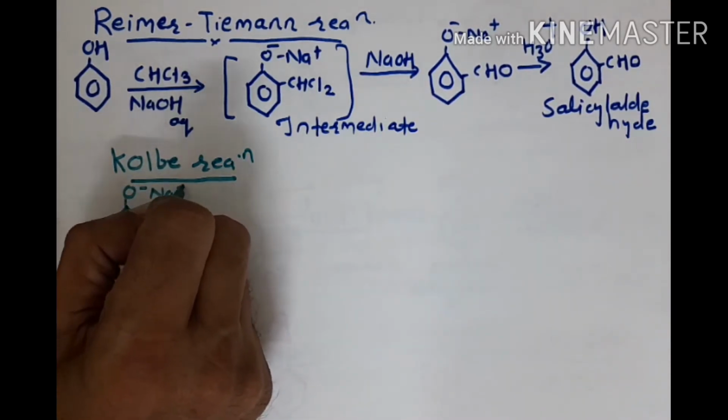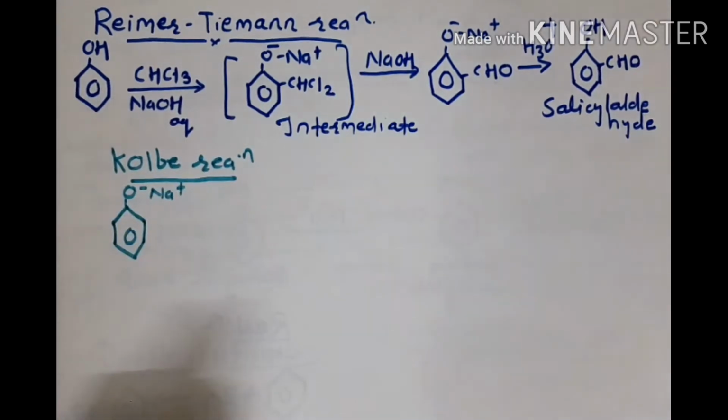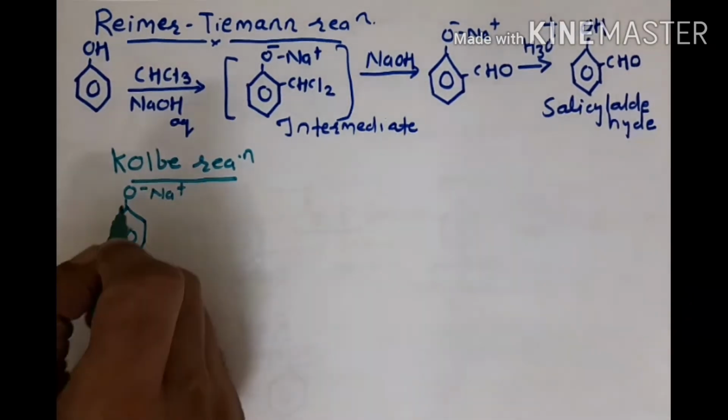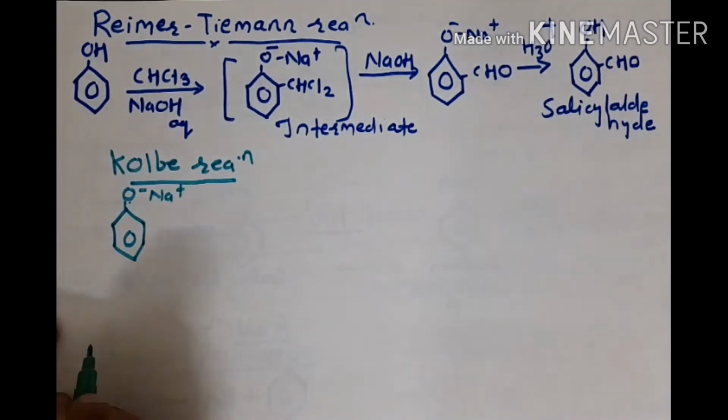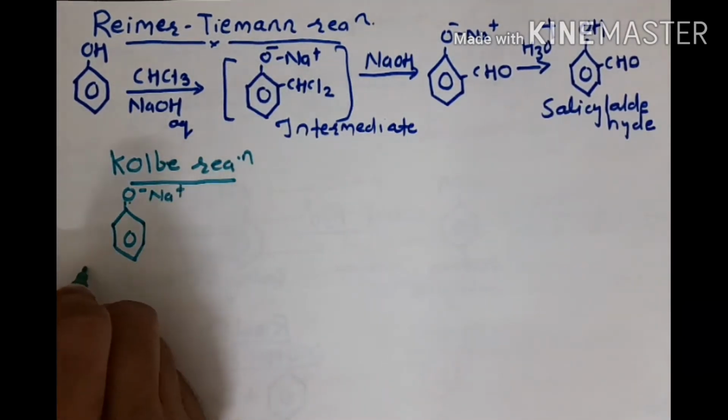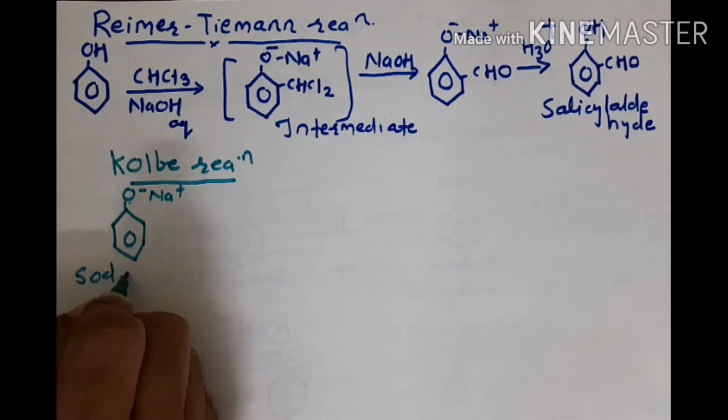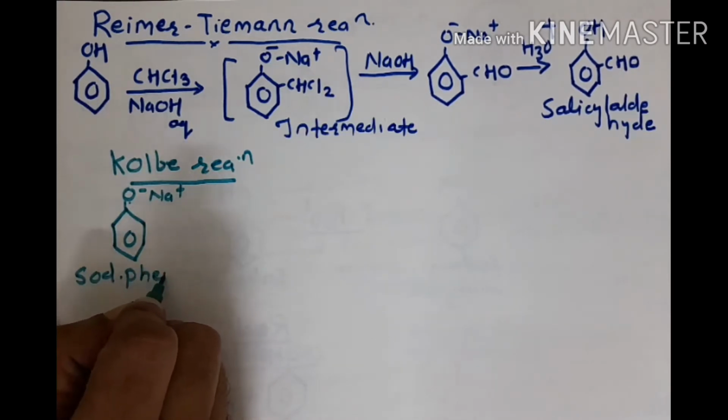This structure we already discussed in methods of preparation of phenol. To the benzene ring, ONa, that is a sodium alkoxide group, is attached. So its name is sodium phenoxide, right? Sodium phenoxide.